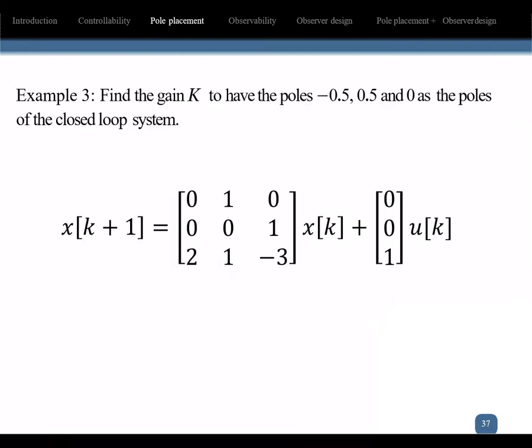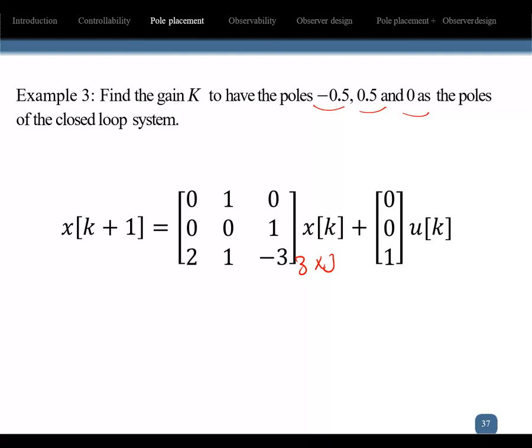Now we give some example. First of all, find the gain K to place the three poles, because your matrix is 3 by 3, so you have three poles of the closed loop. You have two methods.